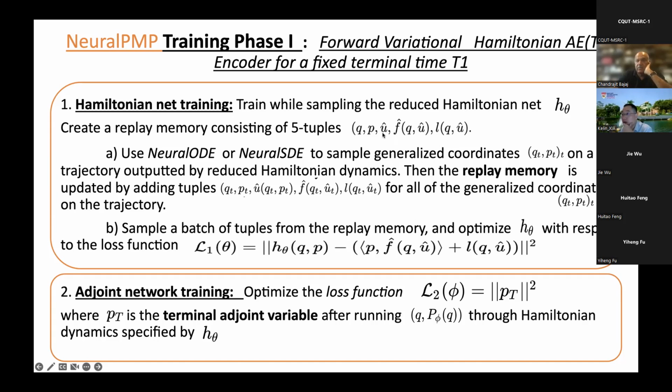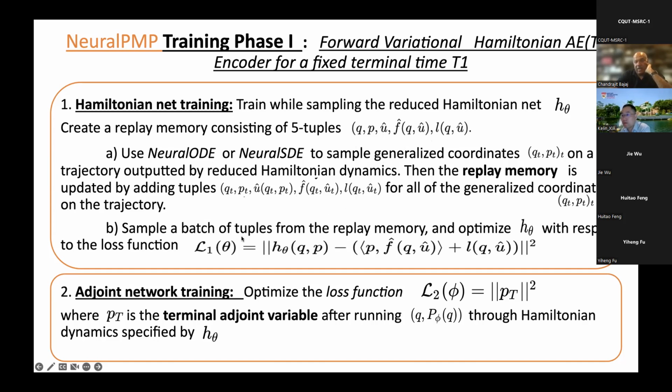So I should say U hat and F hat are related to the gradient of your terminal and also your F. So you use a neural ODE or a neural SDE to sample generalized coordinates on a trajectory outputted by the reduced Hamiltonian. Then the replay memory is updated in your replay buffer, by adding these tuples for all of the generalized coordinates that you're sampling, right, on the trajectory.